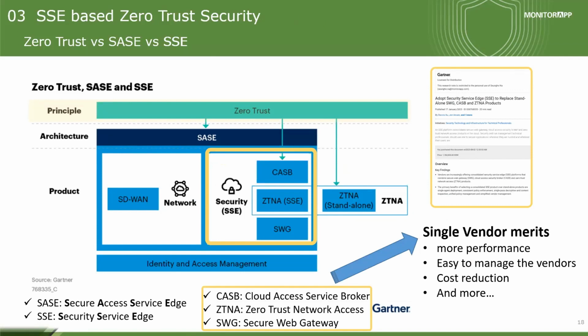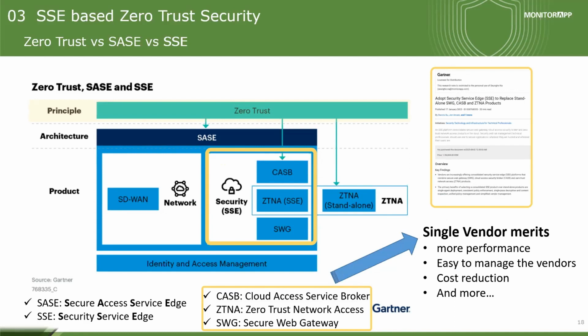So according to Gartner, it is recommended to apply the SSE architecture perspective and the SSE product perspective, based on Zero Trust. Zero Trust itself is not an architecture or product; it's a principle.